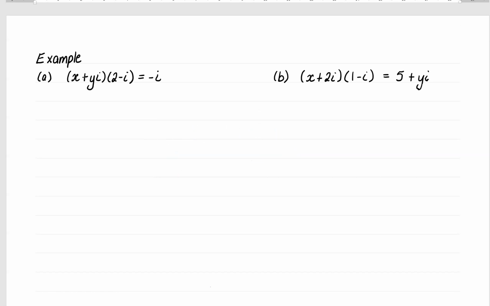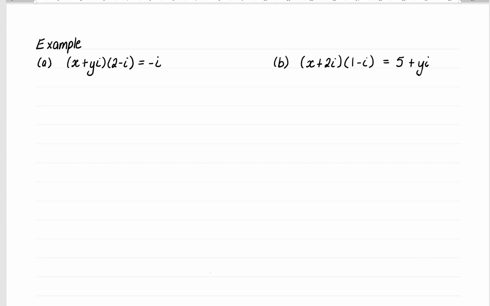So these are the 2 examples that we're looking at in our book, and they look similar except for one major difference. If you notice example A, the x and the y are all together in the one bracket, okay? Whereas over here for example B, your x's and your y's are separated.